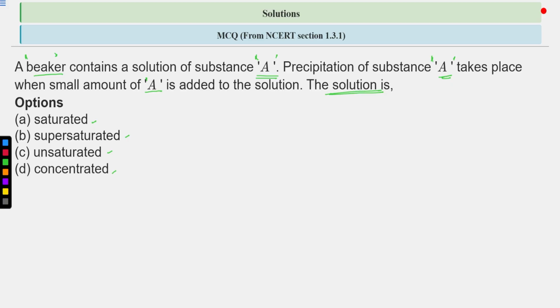So you have to tell the nature of the solution as per the given condition: a beaker having a solution of a particular substance named A, and when you add a small amount of A to that solution, precipitation of A starts taking place. So you have some time, think about this question, and then we will see what its correct answer is.